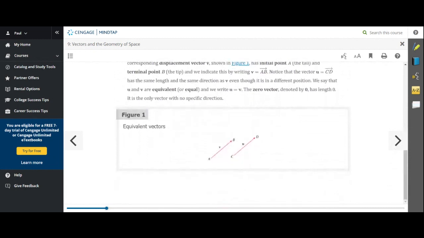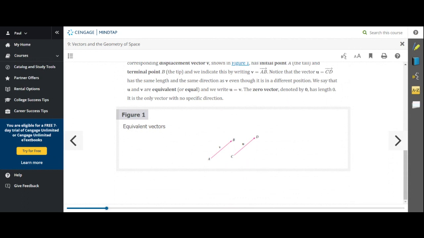if we look at figure 1, they say, okay, these are equivalent vectors. So they have a vector v and a vector u. Now, why are they equivalent? Well, the vectors both point in the same direction.